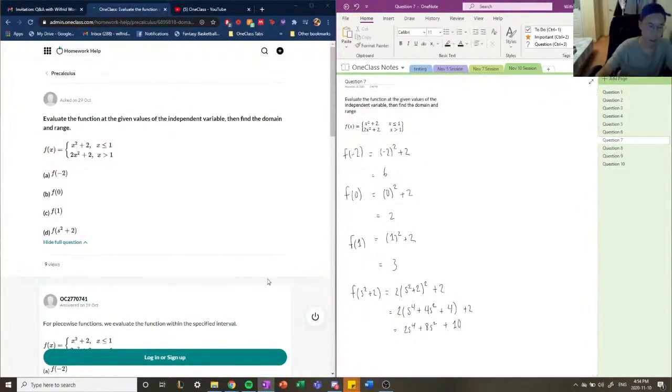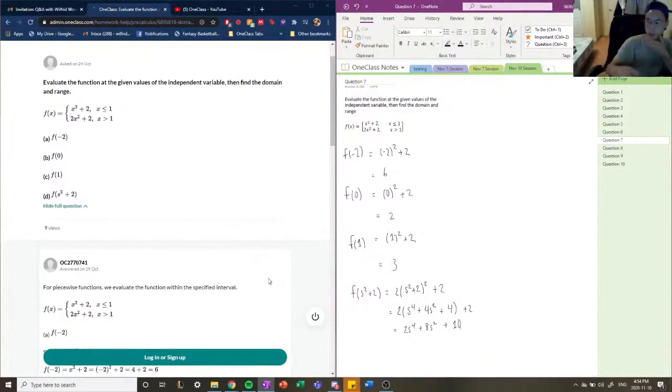Alright, so now let's talk about the domain and the range of the function. Okay, so let's talk about domain. What does domain mean?